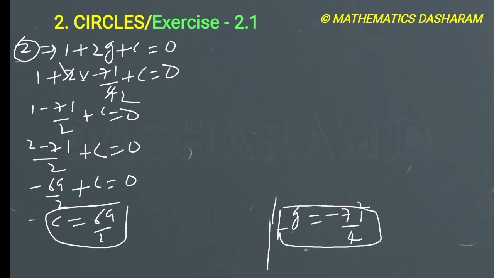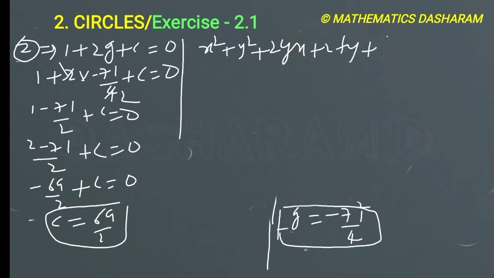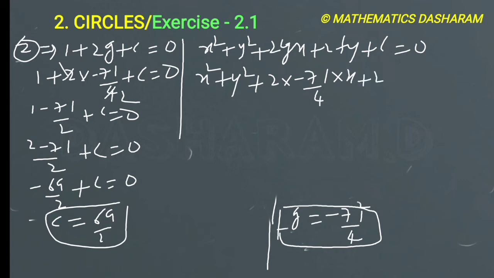Now substitute the g, f and c values in equation number 1. So what is that? x square plus y square plus 2gx plus 2fy plus c equals 0. So x square plus y square plus 2 into g value, minus 71 by 4, into x, plus 2 into f value, 47 by 8, into y, and c value is 69 divided by 2, equals 0. Here 2 ones are 2, 2 twos are 4, so x square plus y square.